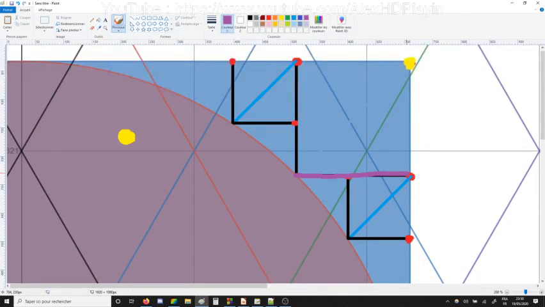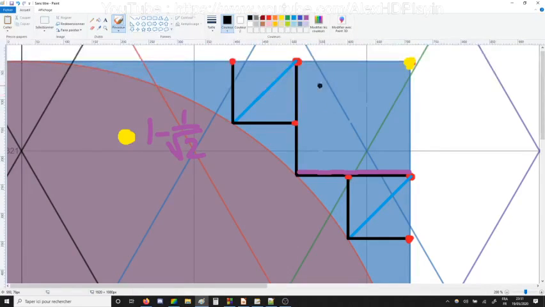So the side length of the thing. It turns out it's this. But of course I don't know all the others actually. Yeah, it's just that this one here is actually that.